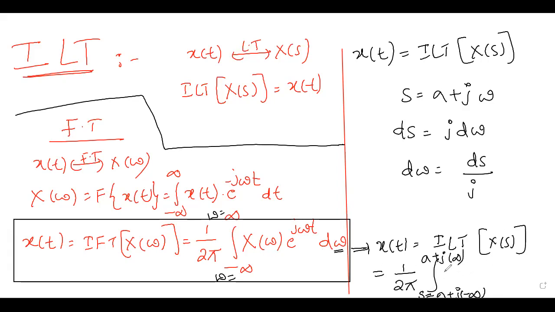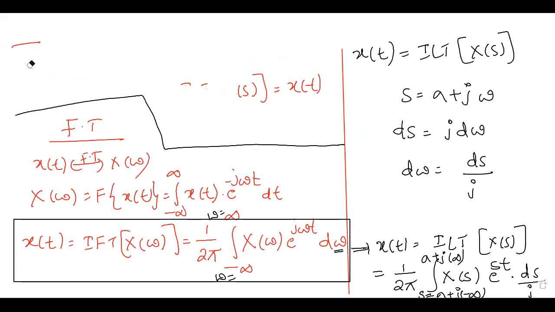Instead of x of omega, what do I have to write? x of s, where s equals j omega. In place of d omega, what do I have to write? ds by j. So directly I could give you the inverse Laplace transform formula, but how it has come is based on this inverse Fourier transform only. For that reason, I'm explaining all these things.